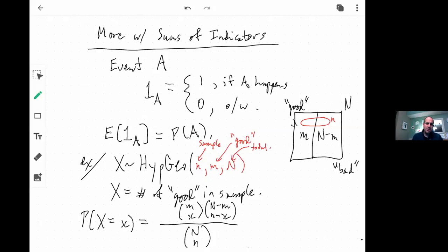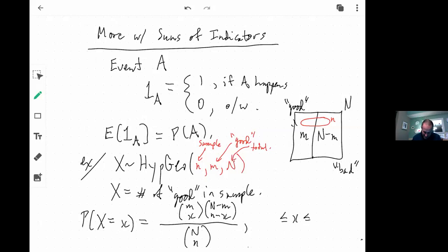And we talked about this in the past, but what are the possible values for little x? So x is less than or equal to something, and greater than or equal to something. What's the biggest that x could be? Well, the biggest that x could be is everything, n. But the problem is, if n, the sample size, is bigger than the number of good things, then the largest it could ever be is m.